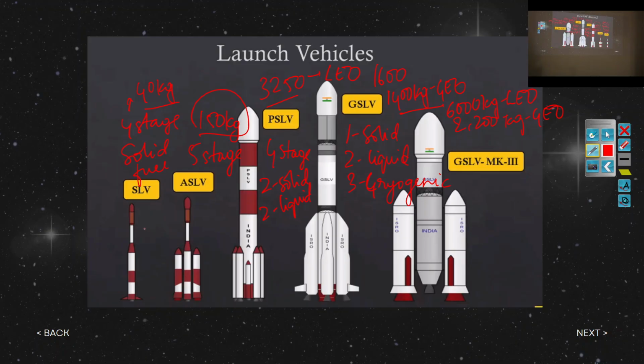Payload was 3,250 for low earth orbit and 1,600 for sun synchronous, polar orbit. 1,400 for geostationary orbit. Here PSLV examples were Chandrayaan 1 and Mangalyaan.